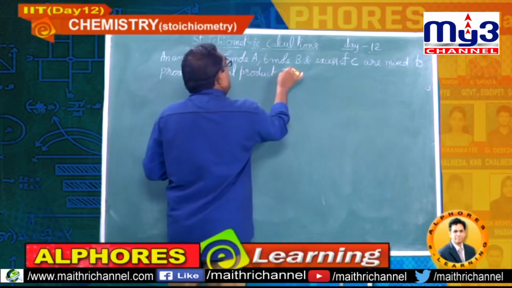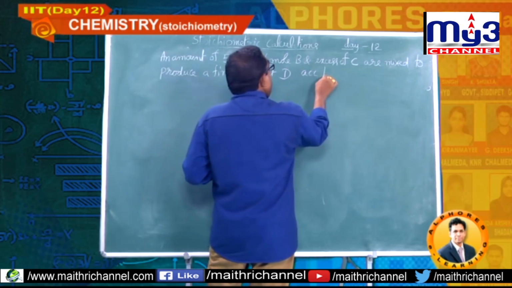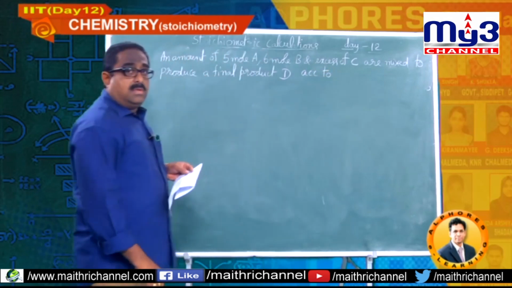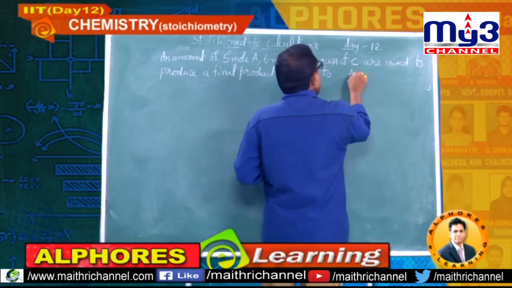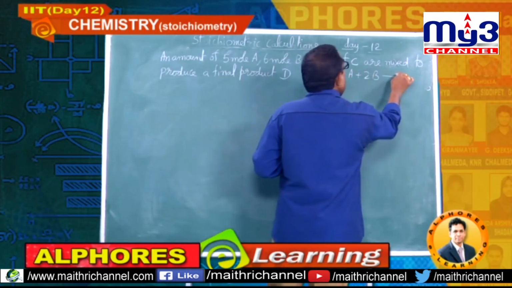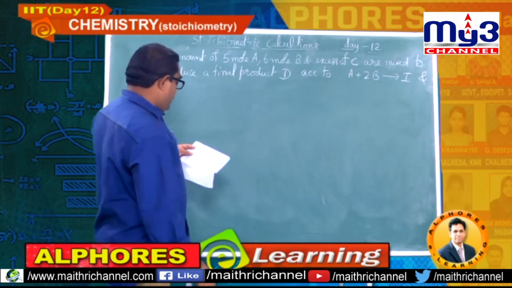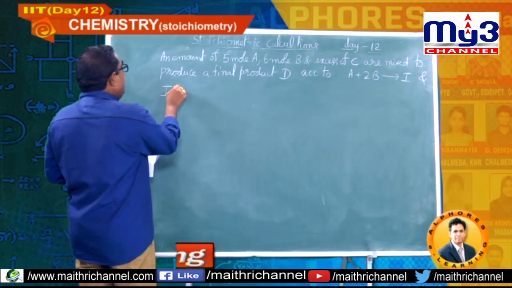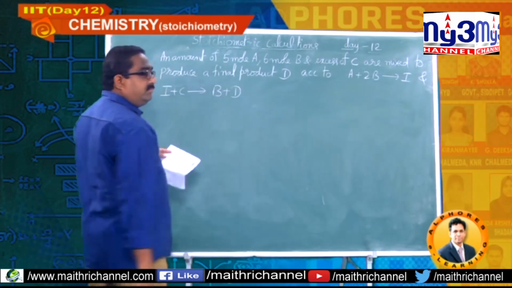A final product D according to two equations he has given. A plus 2B gives rise to I and I plus C gives rise to again B plus D.